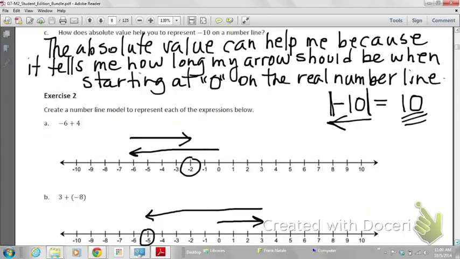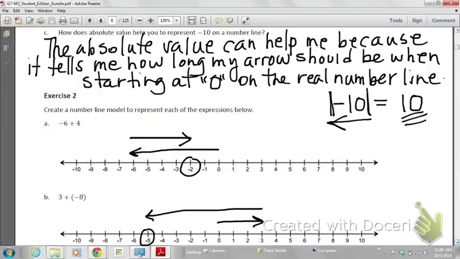Okay, well, here are my answers, and I'm sure you have similar answers. Again, absolute value using those vectors. Hopefully, everyone is using the arrows, the vectors, to portray these moves.